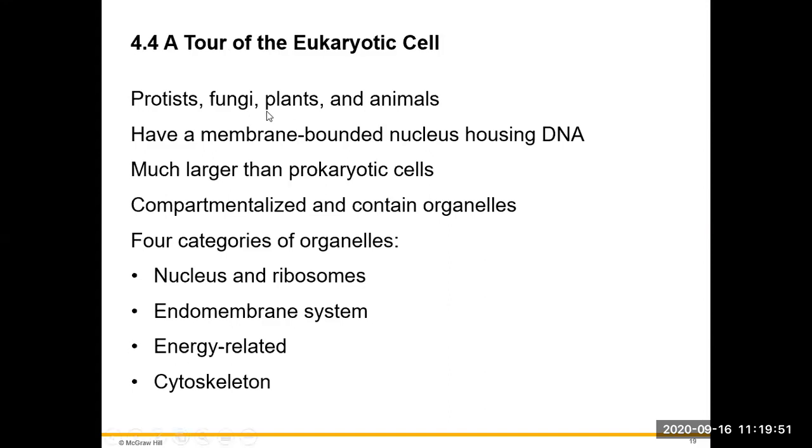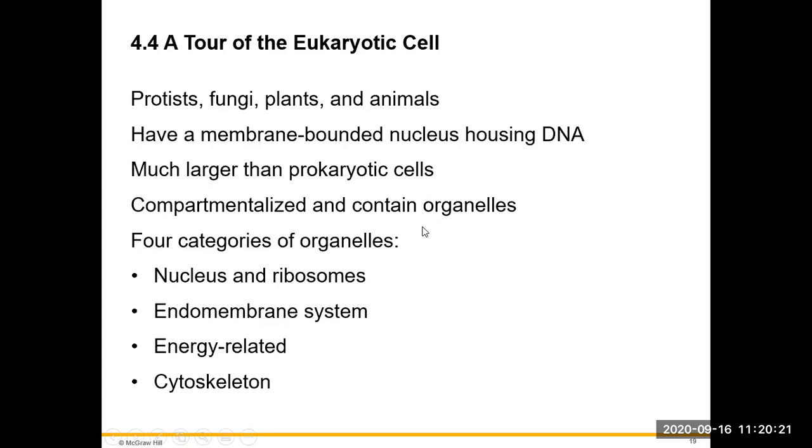Eukaryotic cells will have 4 groups of organisms: the protista, fungi, plants, and animals. They have a membrane-bound nucleus containing the DNA. They are much, much larger than the prokaryotic cells. That's why we are able to see eukaryotic cells under a light microscope, whereas viruses cannot be seen through a light microscope.